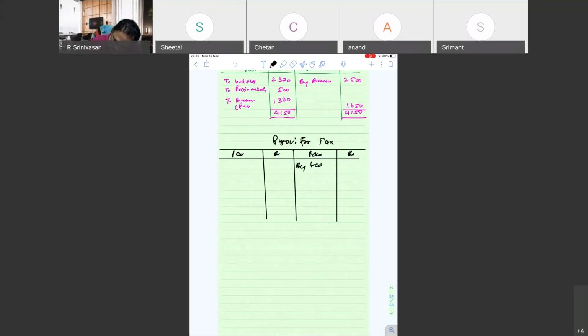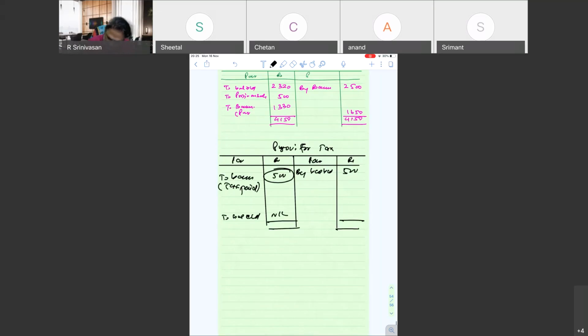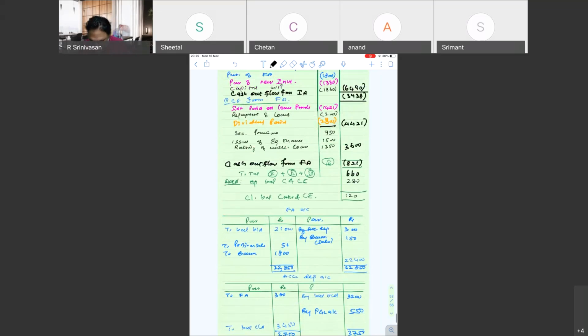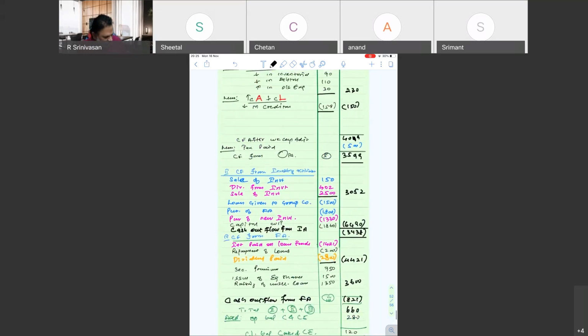By balance brought down, how much do you have? By balance brought down, tax provision is 500. So balance carried down, nil. Okay, that means this is the balancing figure. It is coming to bank 500. This is tax paid. We have subtracted tax paid 500. Okay. So why is it not coming?